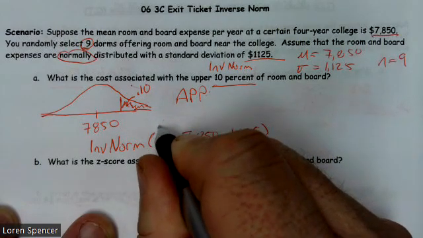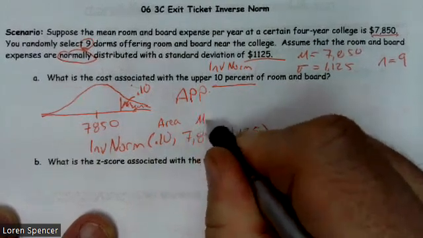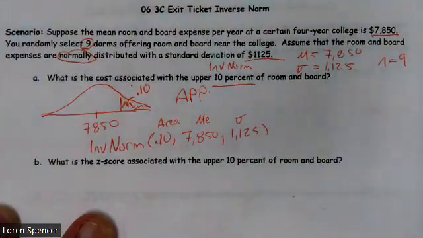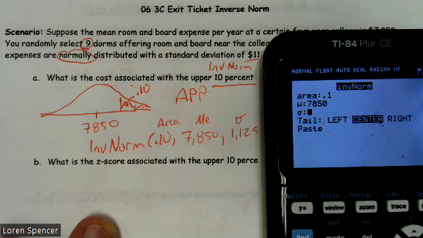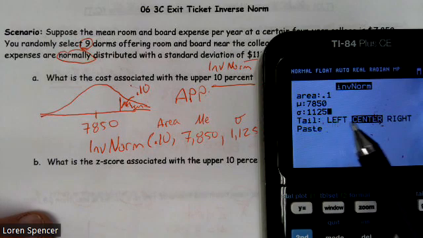So this is my area. This is my mean. And this is my standard deviation. So I'm going to go ahead and put that information in. 0.1, 7,850, and 1,125.